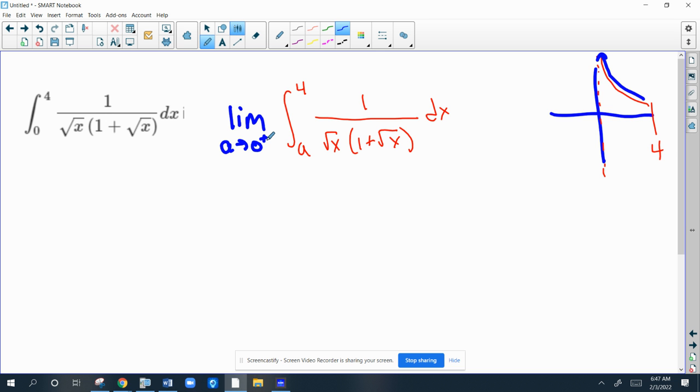Now we have a lot of work to do as far as integrating and taking the limit, but we can do that. So first of all, let's look at the integral.